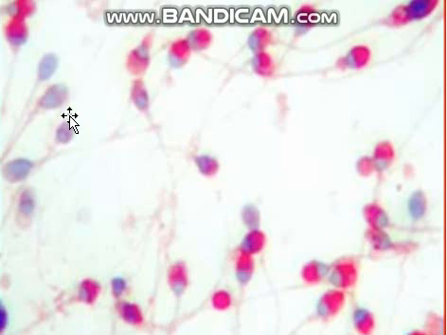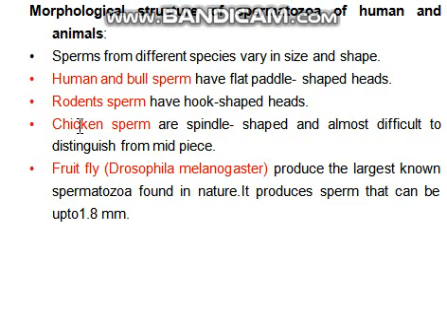Now, these are human sperms, but what if you got animal sperm in your sample? How are you going to distinguish it? You must be acquainted with the structure of the sperms of different species. Human and bull sperms have a similar kind of morphology, that is, they both have flat paddle-shaped heads.